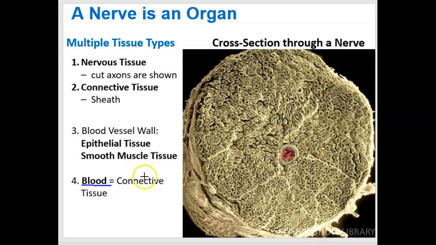But in the wall of the blood vessel, there's smooth muscle tissue so that it can dilate or constrict, become narrower or wider, and epithelial tissue will line the interior, the lumen of the blood vessel. So the bottom line on this is that we consider a nerve an organ because it has multiple tissue types: nervous tissue, couple of connective tissues, epithelial tissue, and muscle tissue.